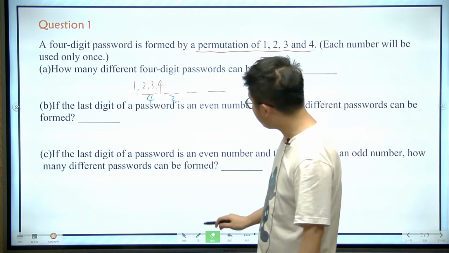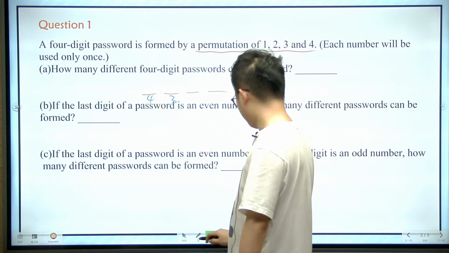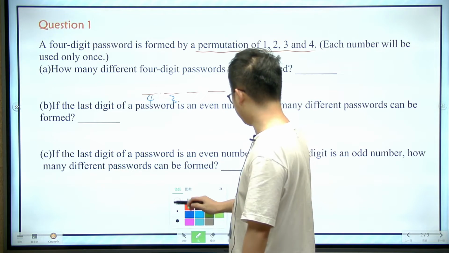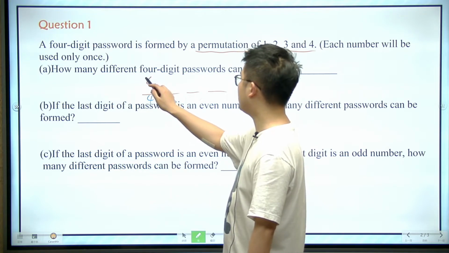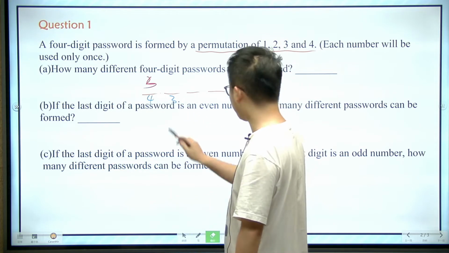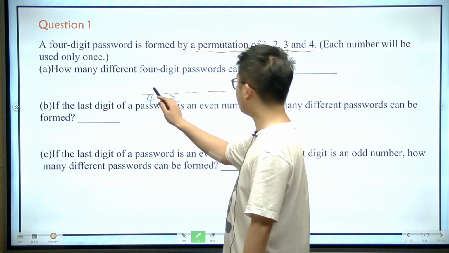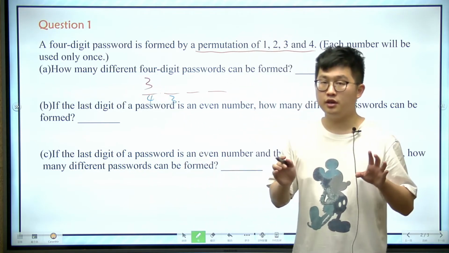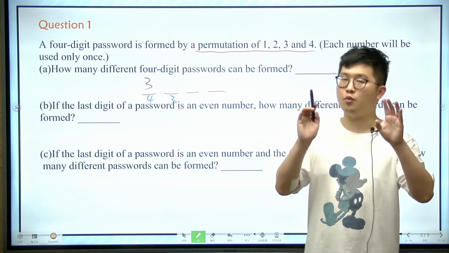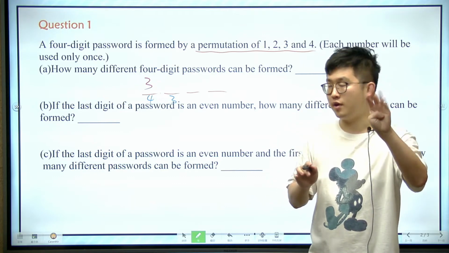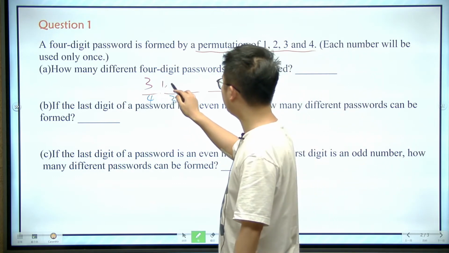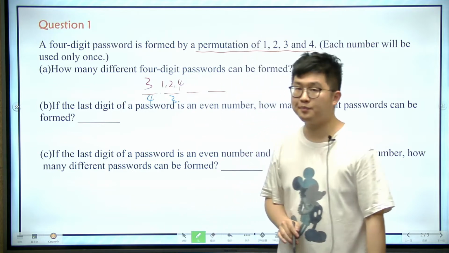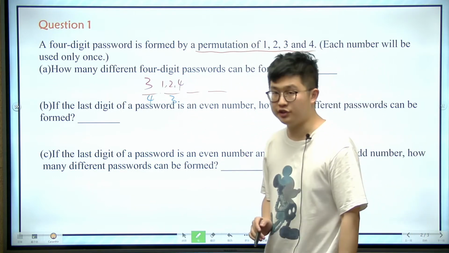For example, if we put 3 here, then 3 is already used. What is left is 1, 2, and 4, so 3 choices.